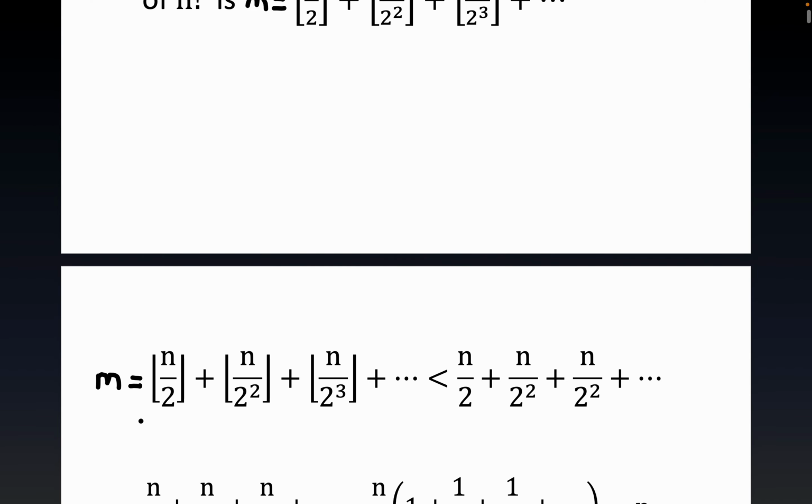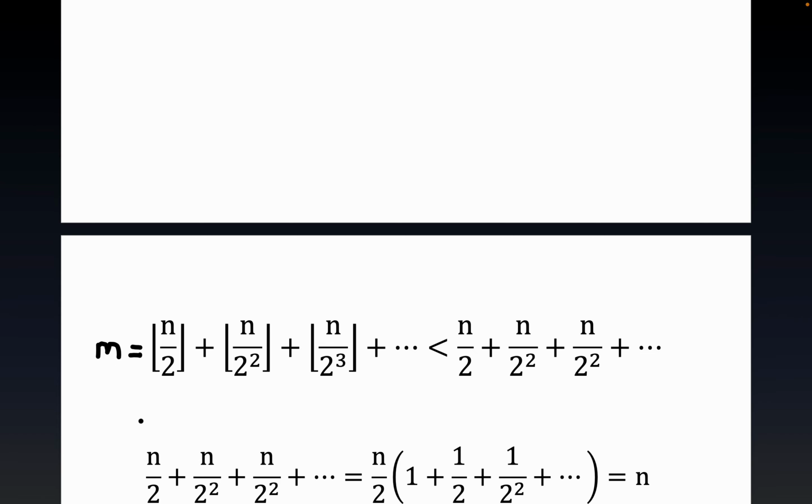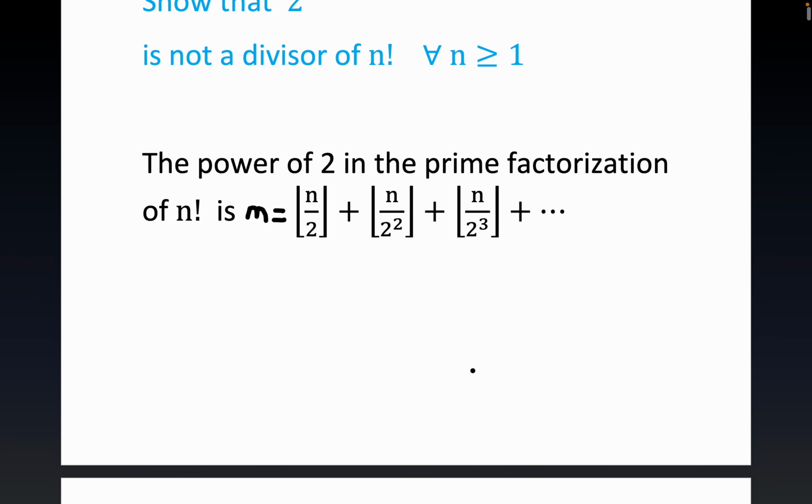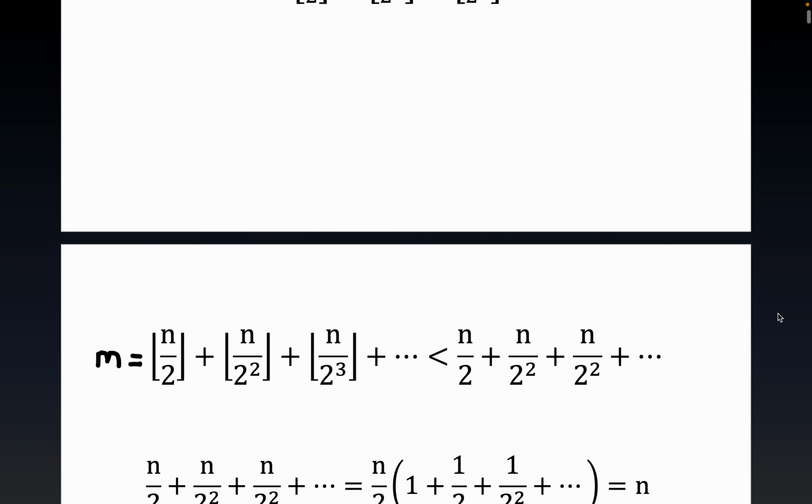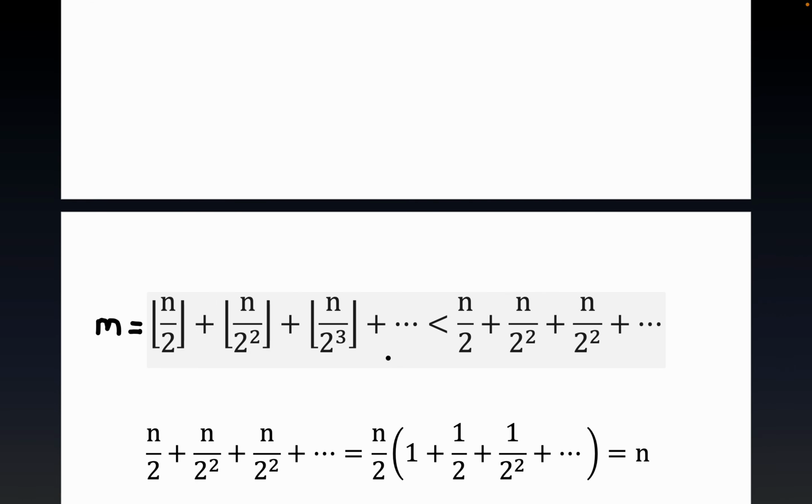Now this next truth is very, very clear. The floor is always going to be less than the actual input argument, right? Just like right up here, the floor of 7/2, 3, is less than 7/2, right? The floor of 7/4, 1, is less than 7/4, right? So that's all we're doing right here, and it's fairly simple.